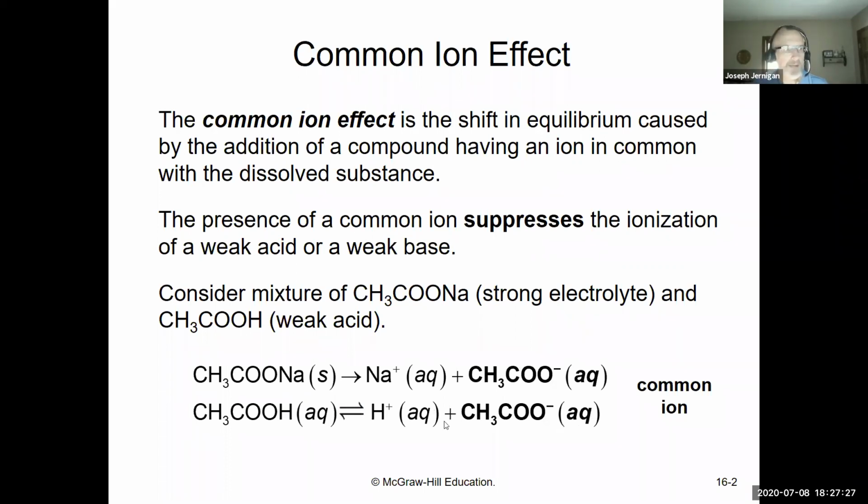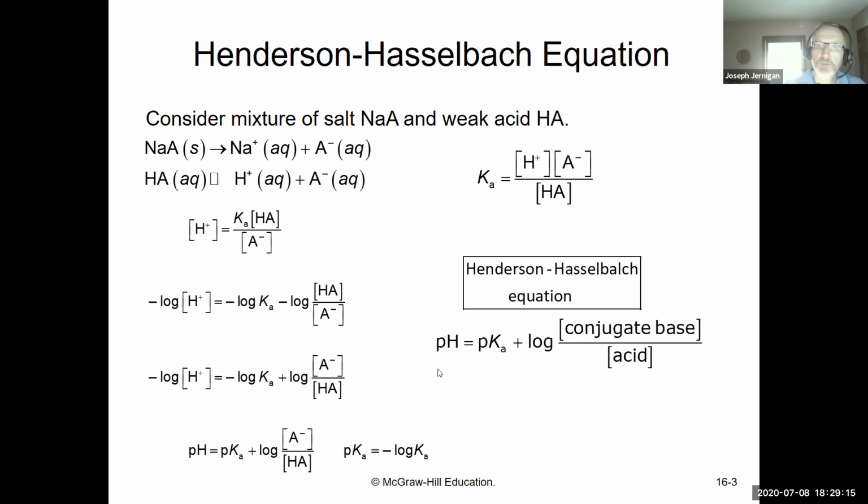So if you add more species on the product side of the equation, you're going to shift the formation back towards the reactant so that the K sub A remains constant. The impact is on the pH, which equals the pKa plus the log of the ratio of conjugate base to acid.